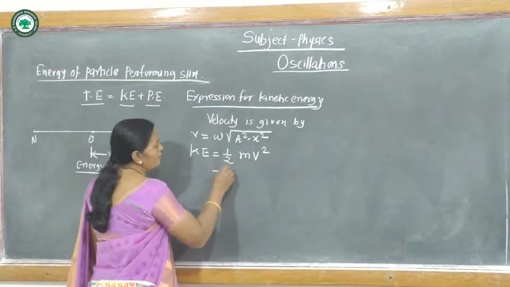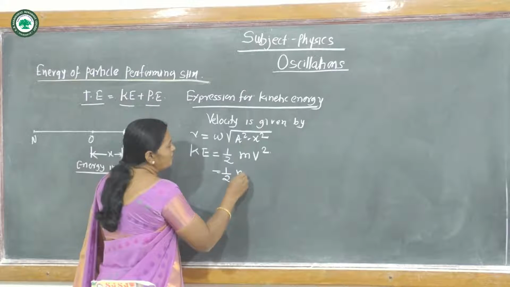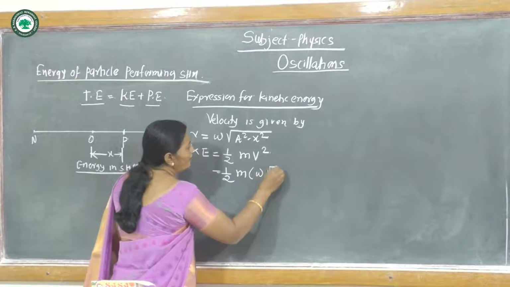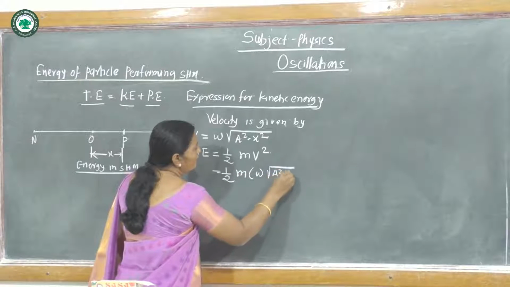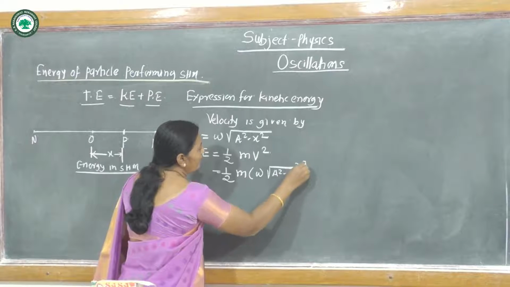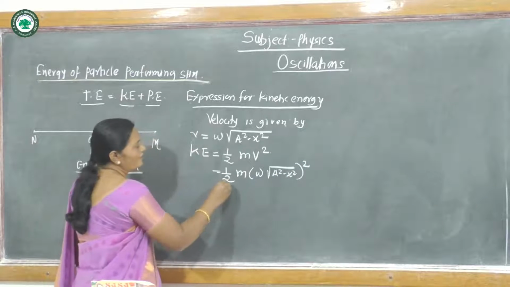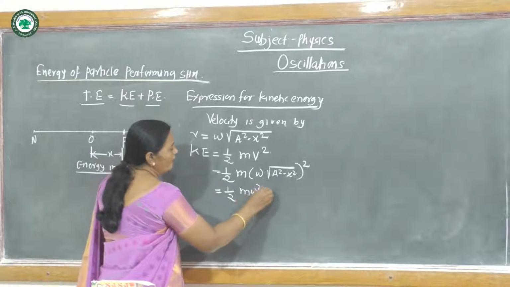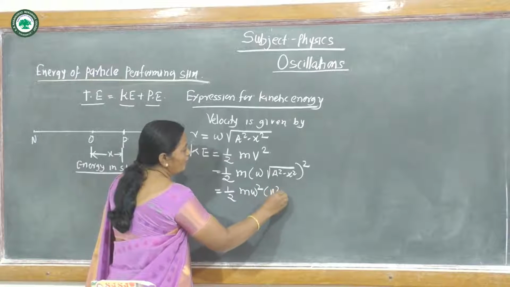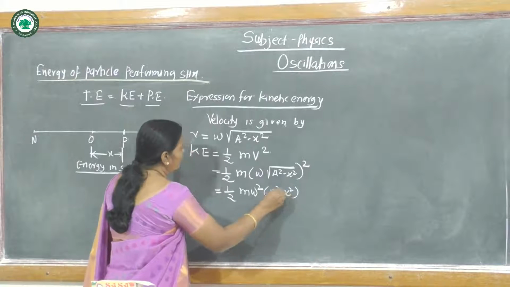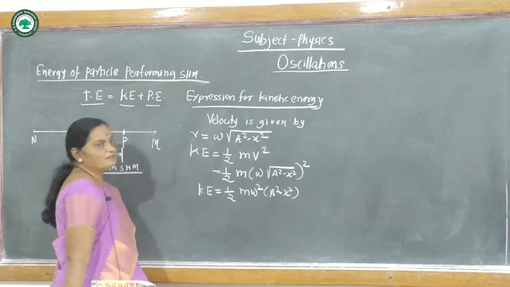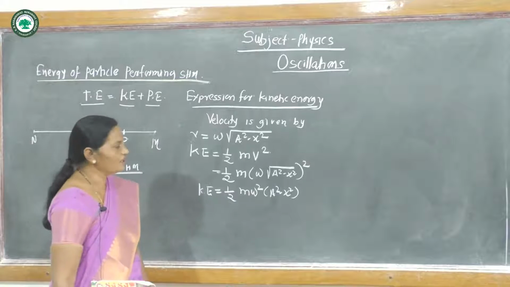Now substitute the value of velocity here, that is, omega root of a square minus x square, whole squared. Then we get 1/2 m omega square into (a square minus x square), which is the value of kinetic energy when the particle performs simple harmonic motion.